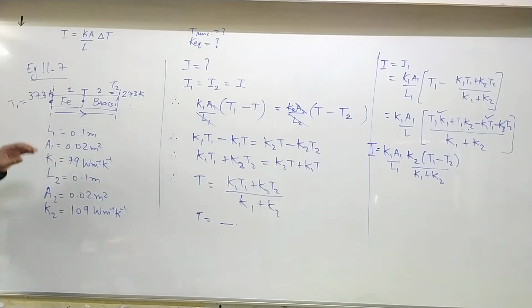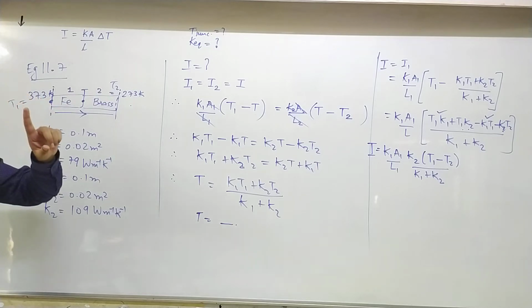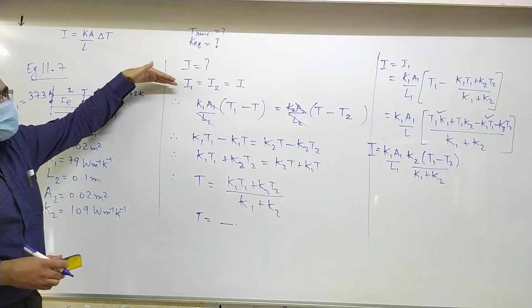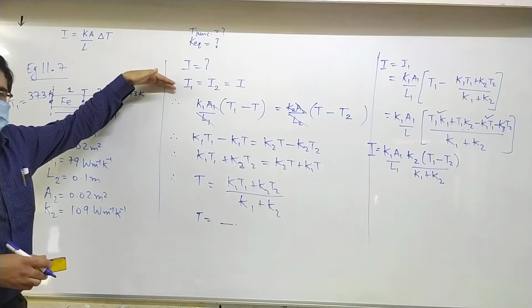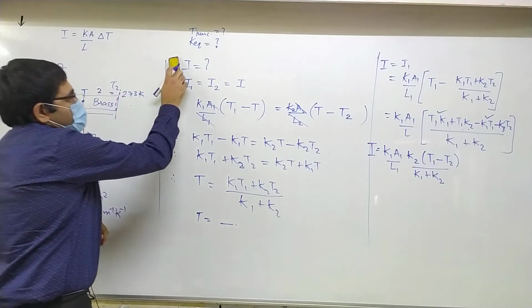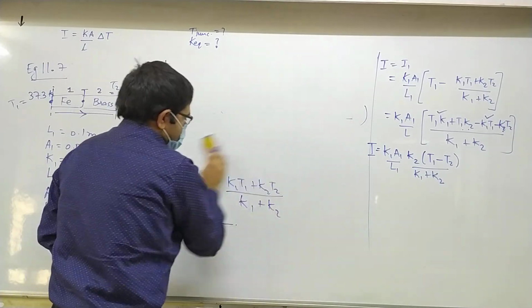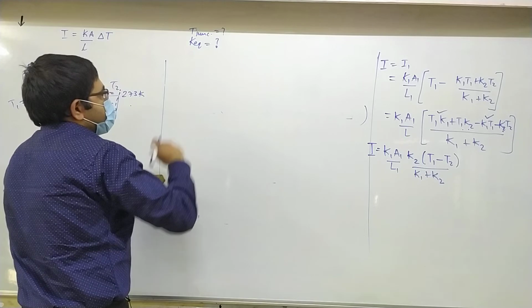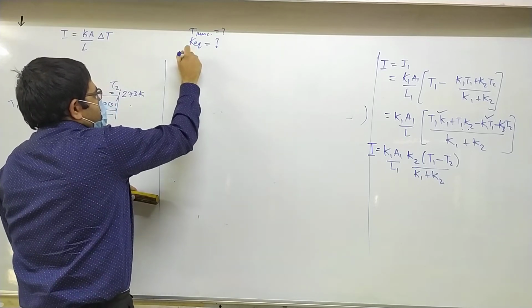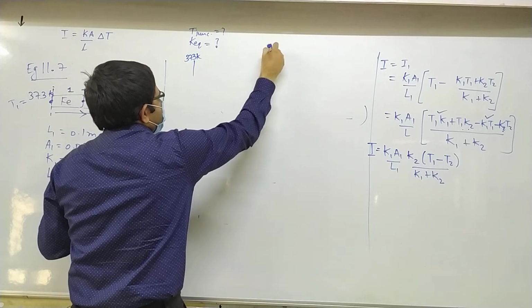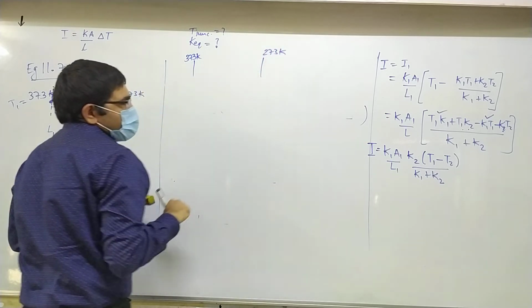I repeat what I have said. Instead of 2, if we just put 1, it should behave in a similar way as far as the conduction or the heat current is concerned. So what that means is, here is temperature 373 or T1, and here is temperature 273 or T2.